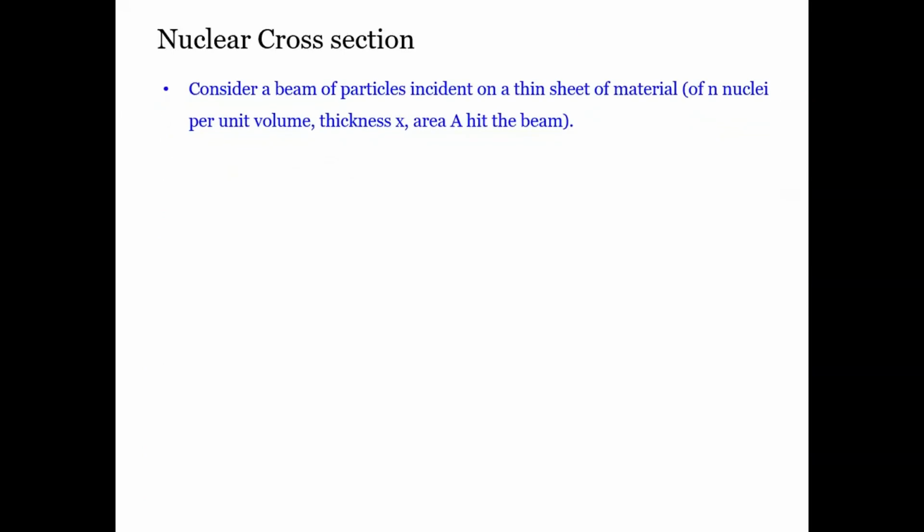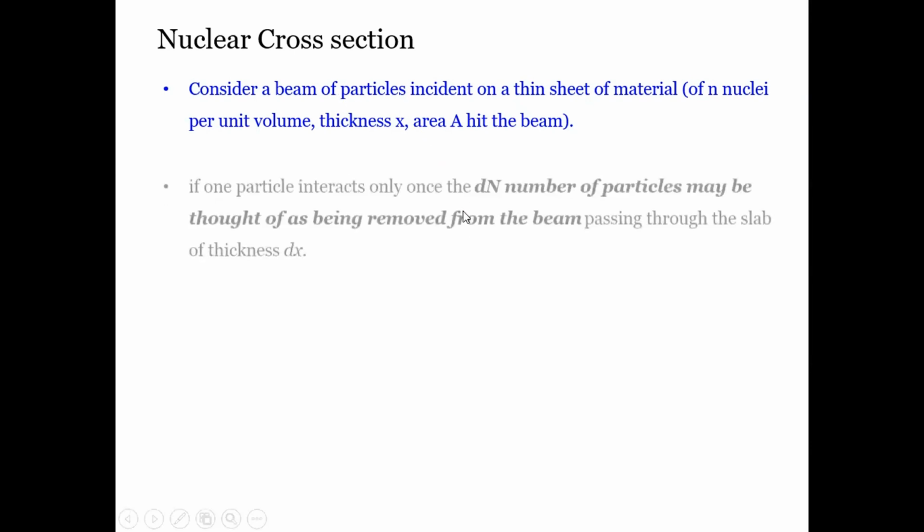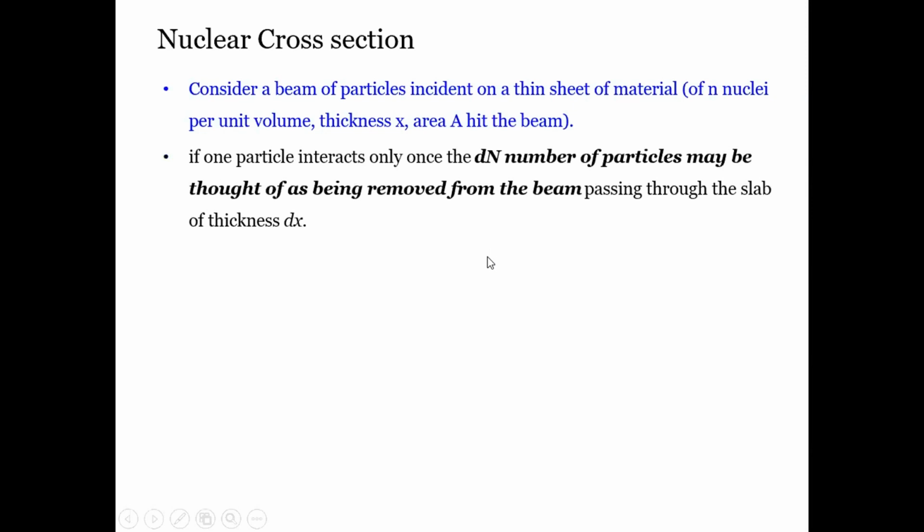Let's briefly talk about the possibilities and the probability of the reaction, which is indirectly termed the nuclear cross-section. Let us consider a beam of particles incident on a thin sheet of material containing n nuclei per unit volume, and the thickness is x.